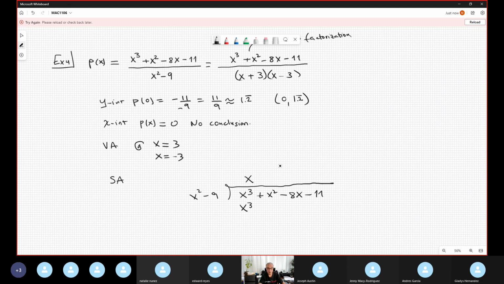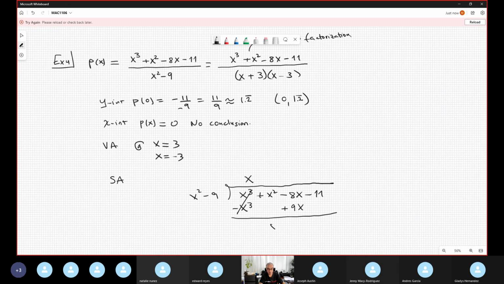Put here x times negative 9x, negative 9x is here. It's important to keep in mind the column, the degree. And by subtracting, change the sign. You bring down, you bring down, you bring down.